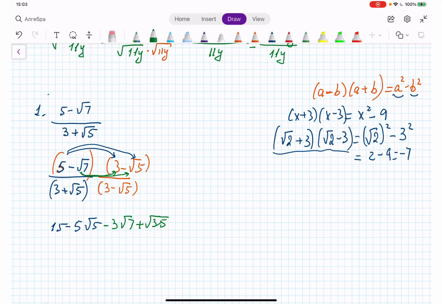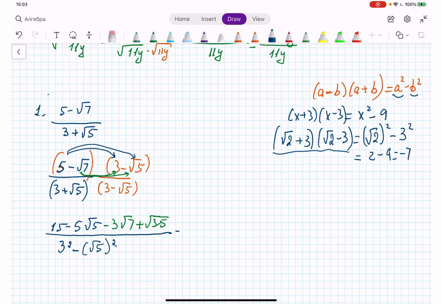Next, in the denominator, I'm not going to multiply step by step because we are going to use the formula a plus b times a minus b, which means it's going to be a squared, which is 3 in our case, 3 squared, and then minus square root 5 squared, right?